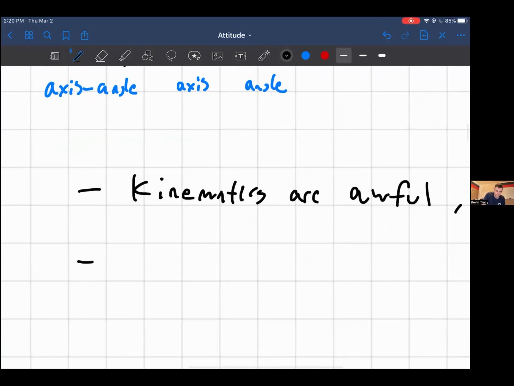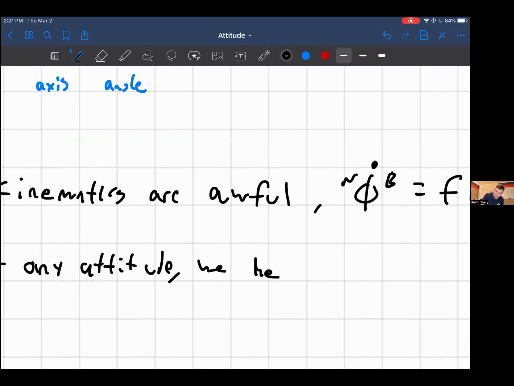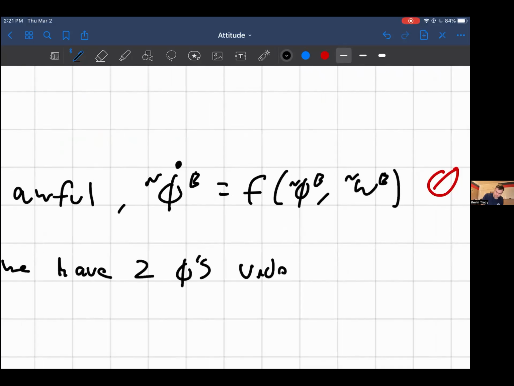Second thing is that there's always, or I guess there's infinite, but for any theta less than 2 pi, actually, I'll phrase it this way. So for any attitude, we have two phis under 2 pi.